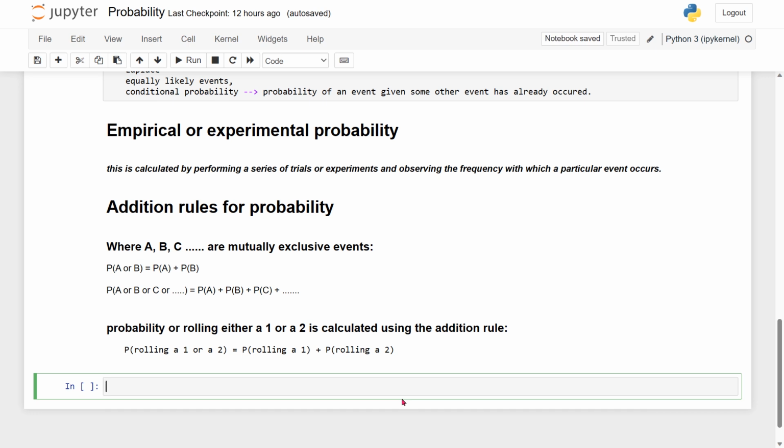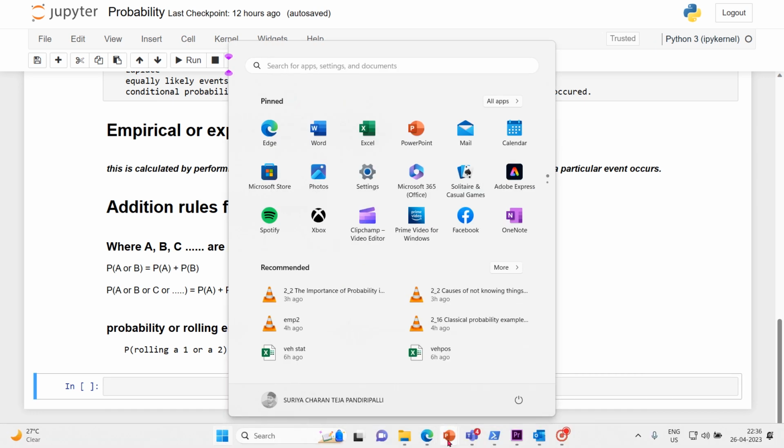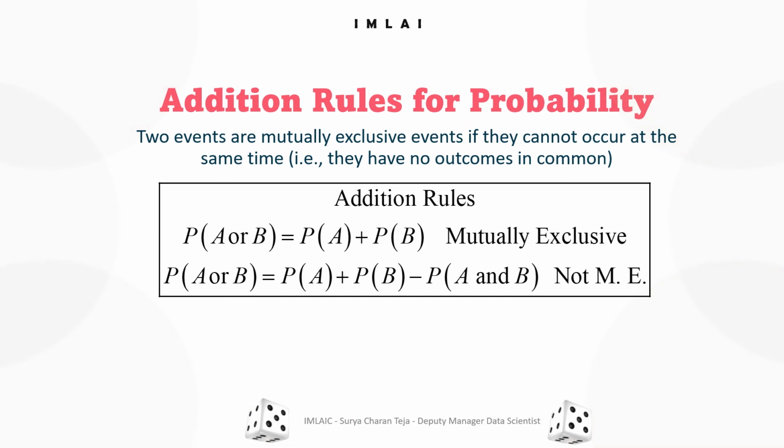Now there is one more condition. The first condition is if the events are mutually exclusive, meaning they cannot occur at the same time.